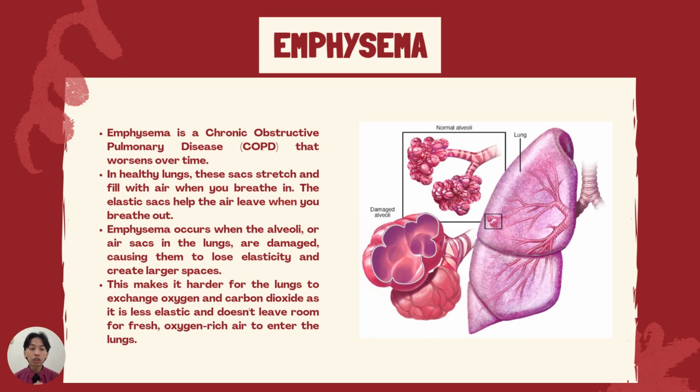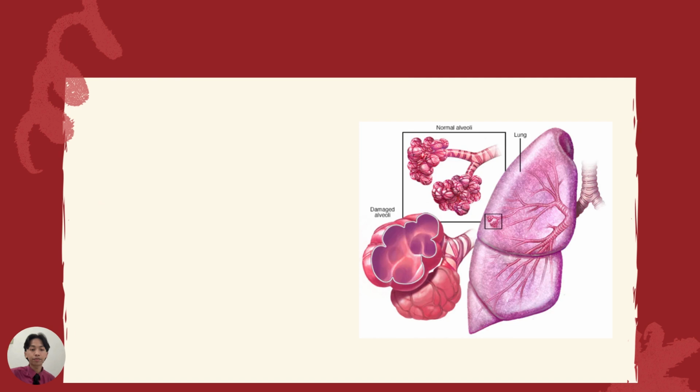But when emphysema occurs, the alveoli will be damaged and lose elasticity, creating larger spaces in the air sac. This makes it harder for our lung to exchange oxygen and carbon dioxide, as it is less elastic and doesn't leave room for fresh oxygen-rich air to enter our lung.